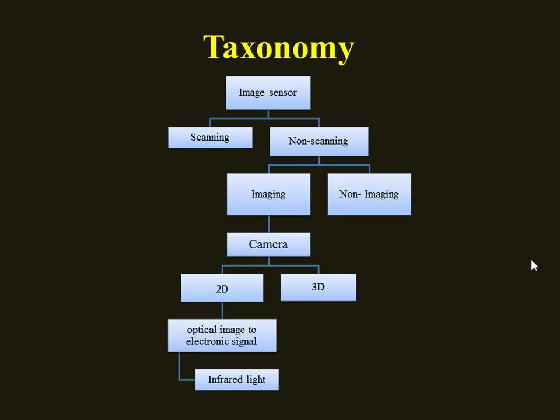The main component of visible light communication is the image sensor. It is divided into scanning and non-scanning. Under non-scanning, we have imaging and non-imaging. In imaging, we are using a camera which consists of a two-dimensional array. It converts the optical image to an electronic signal.